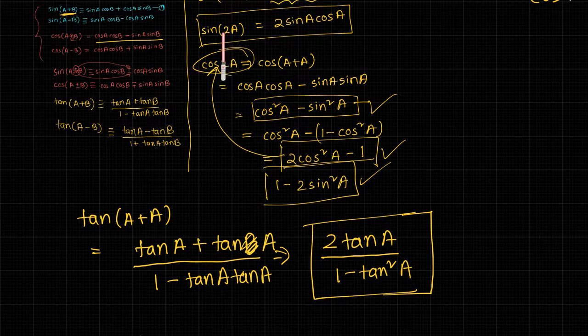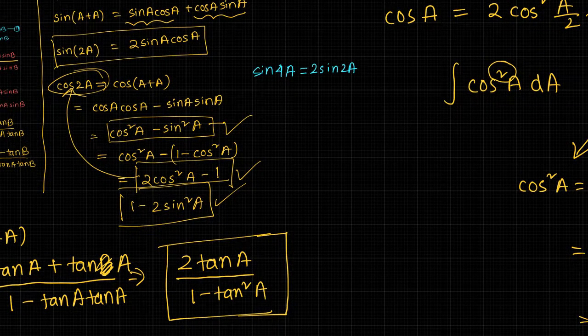So if you had sine 4a, you could have written this as 2 sine 2a times cos 2a. And you could also prove this in a different way.